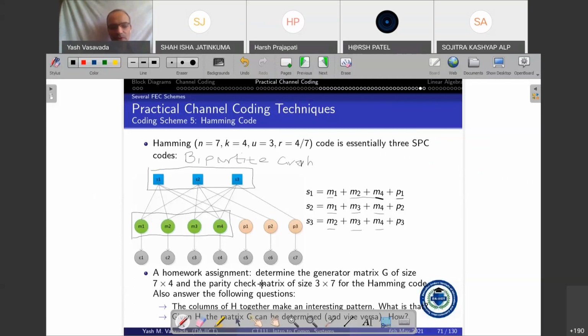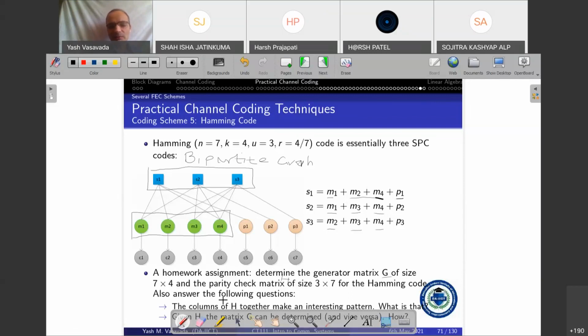So when you do this for the product code, the rate 4/9 product code, after you are done with that, please also determine the G and the H matrix for the Hamming code. And you will see that columns of H have some interesting pattern.